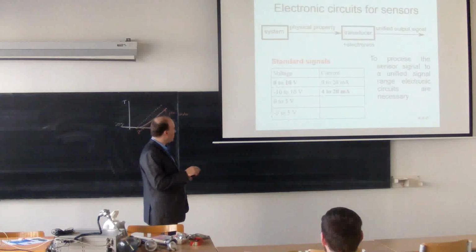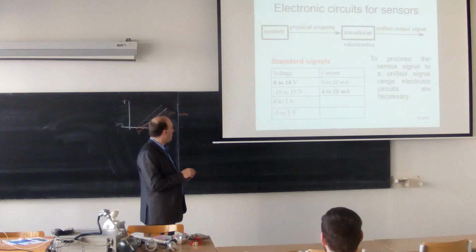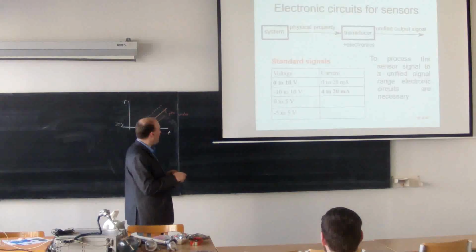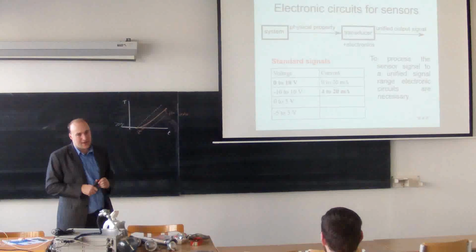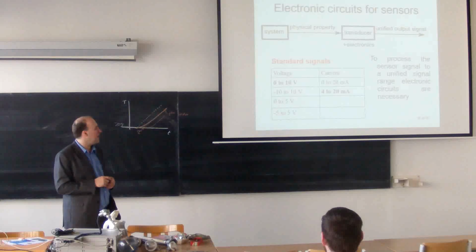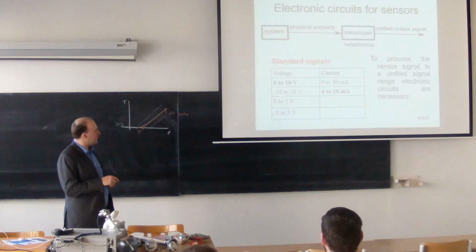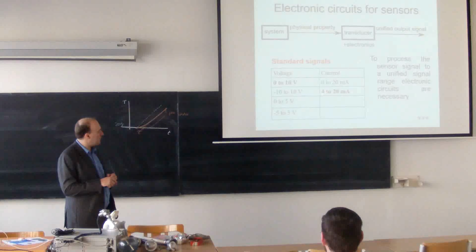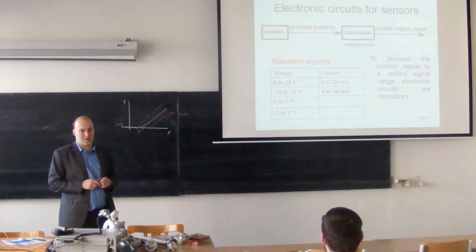So from 0 to 10 volts, from minus 10 to 10, from 0 to 5, and from minus 5 to 5. But from those four, the most common one is from 0 to 10 volts. And the current is from 0 to 20 milliamperes, and the more common one is from 4 to 20 milliamperes.